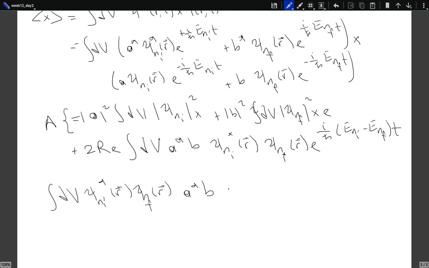Let me call this number capital B e to the power i delta. It's a complex number.